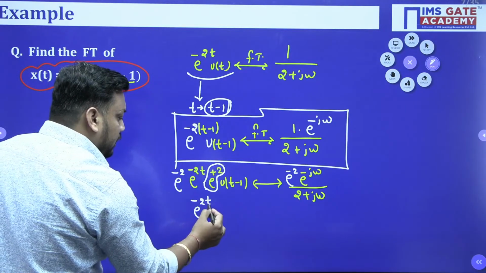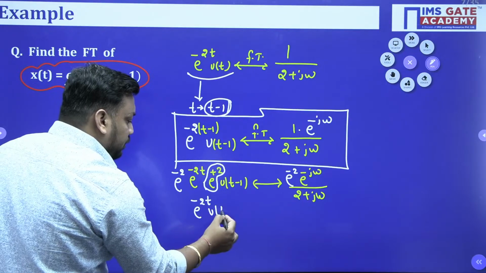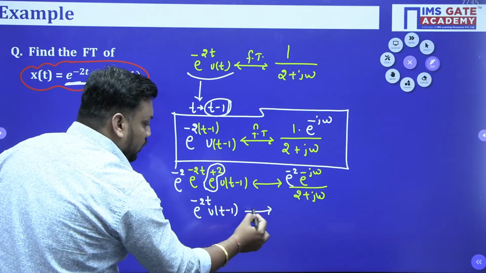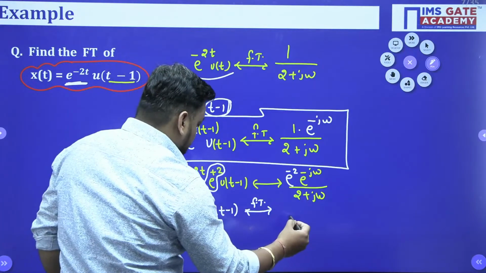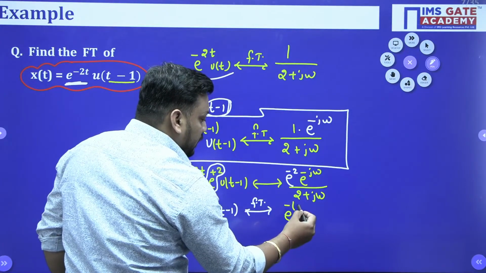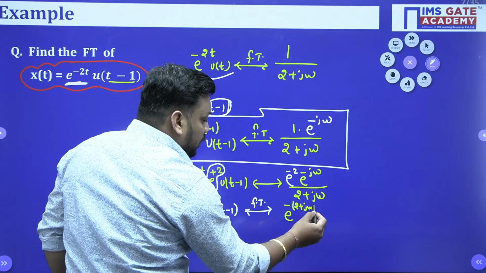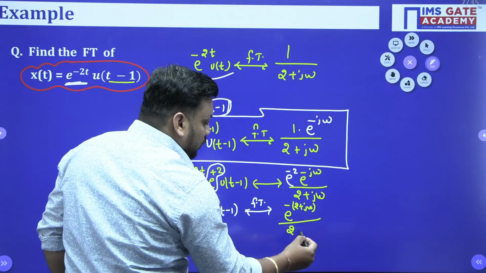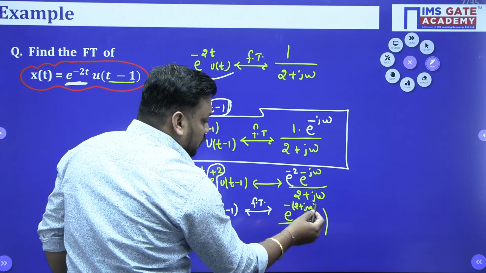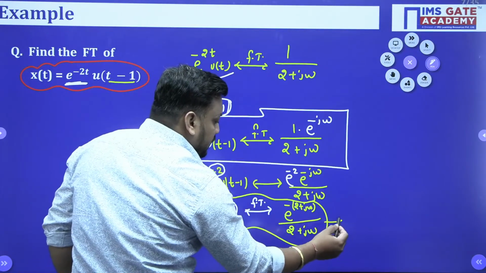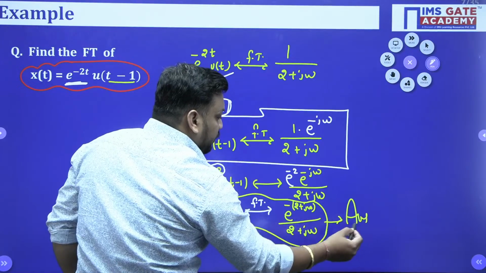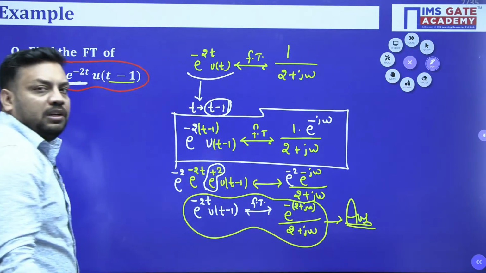So ultimately, what will the Fourier transform of e to the power minus 2t u(t minus 1) become? It will become e to the power minus 1 times e to the power minus j omega upon 2 plus j omega, that is e to the power minus (2 plus j omega) upon 2 plus j omega. So now this is your final answer. I hope this is clear to you. This is the question and this is your final answer. Is it clear or not?